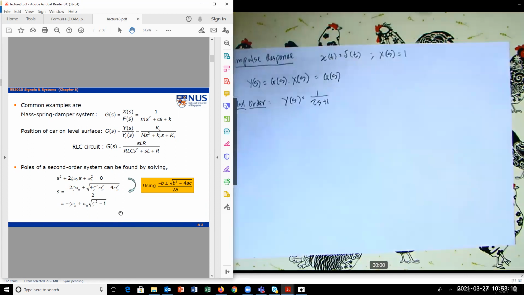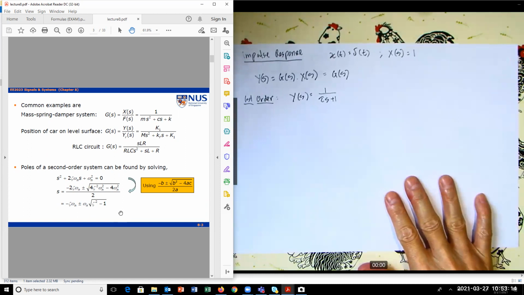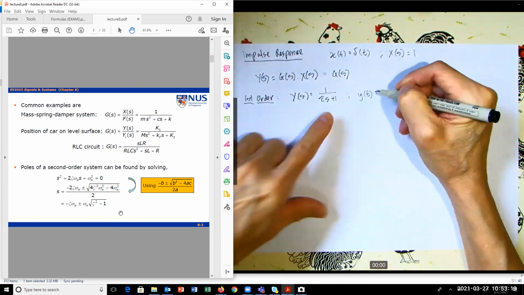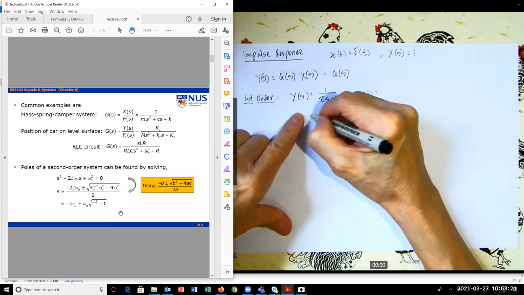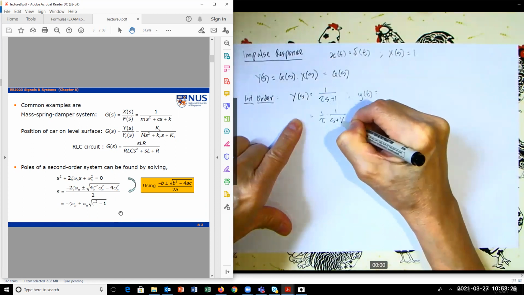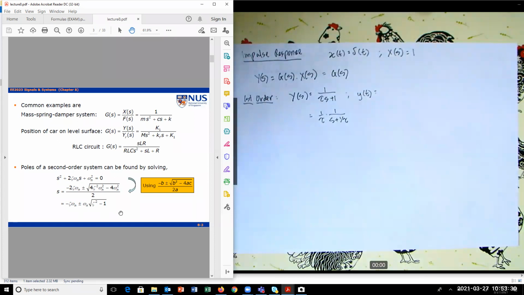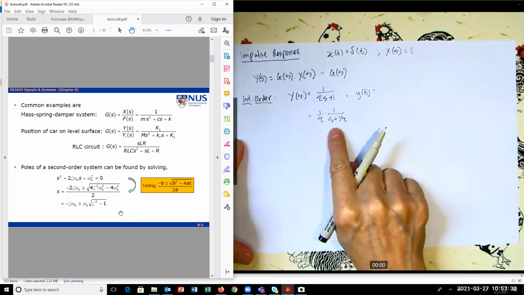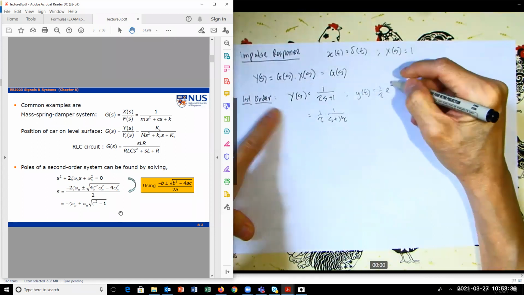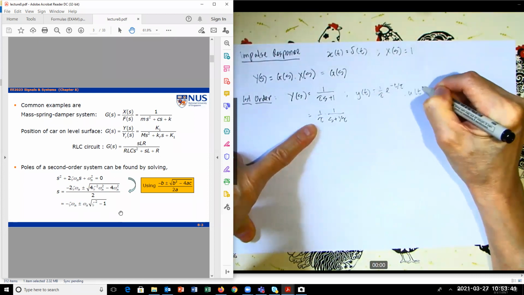From there, we can see that the output y(t) will be, we can put this in this formula, 1 over tau into 1 over s plus 1 over tau. So you can see there's a shift in s here. So y(t) is 1 over tau e to the minus t over tau u(t). That is your output.